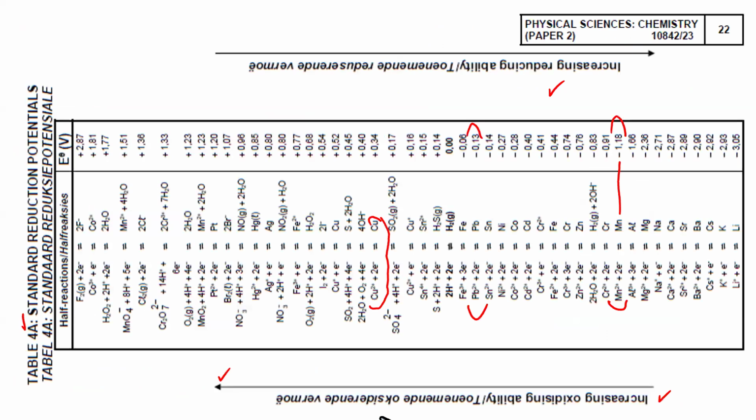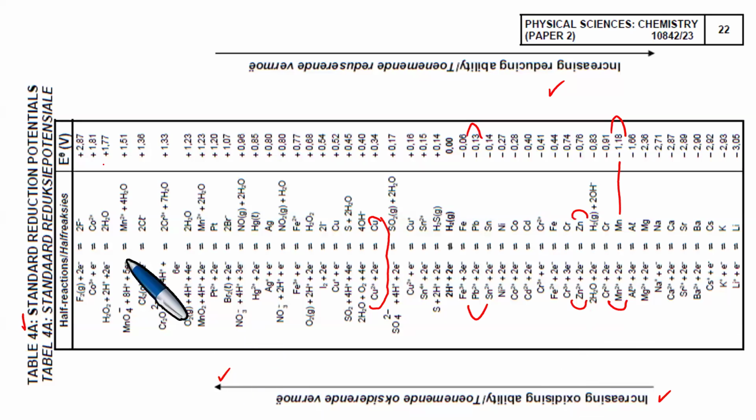If you look at zinc, you need to compare the zinc and copper. This is like looking at the zinc copper cell. You have copper: Cu2+ plus 2 electrons gives you copper. And then you have the zinc.